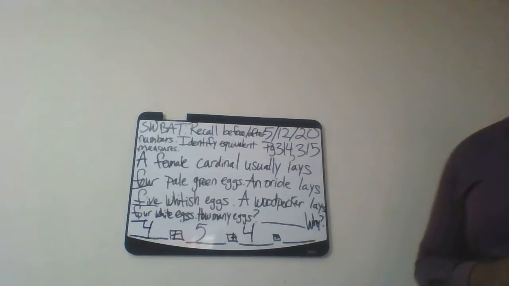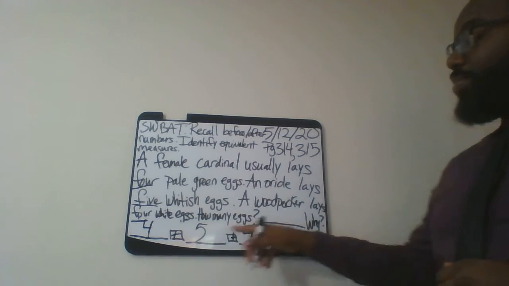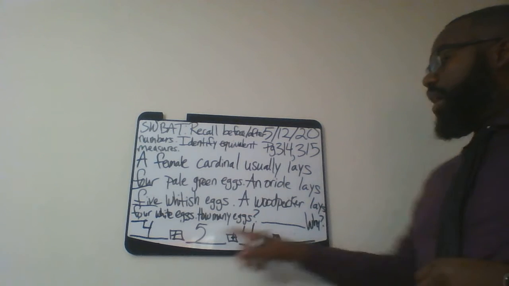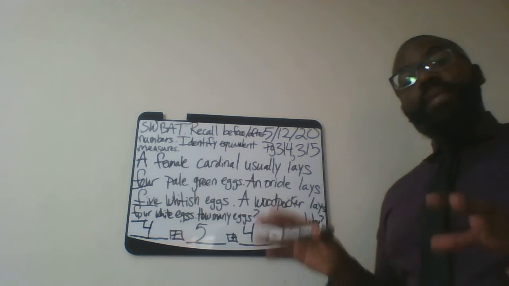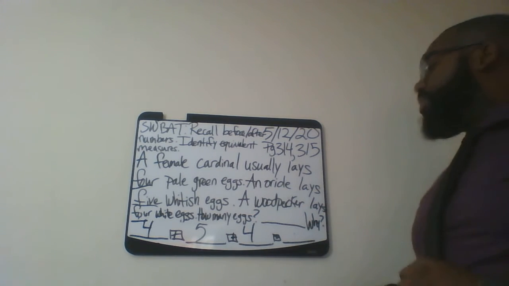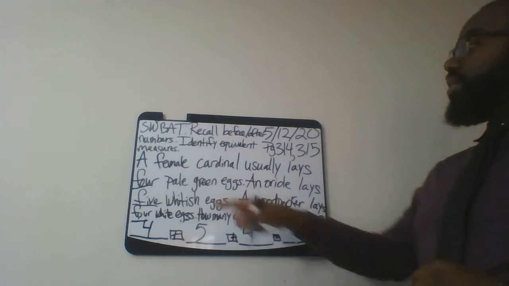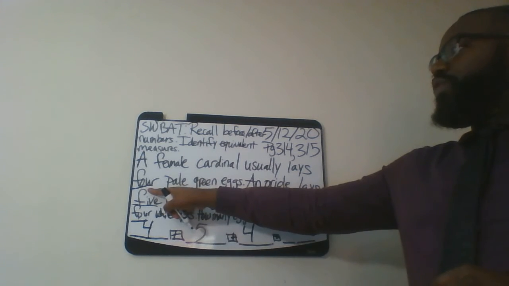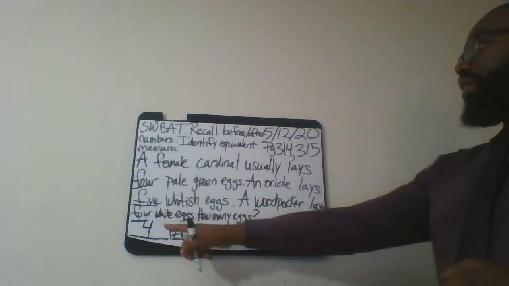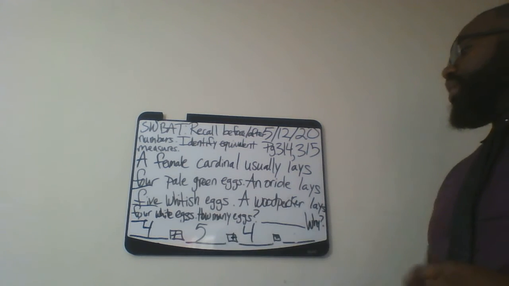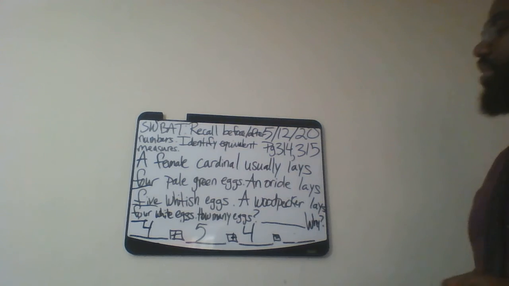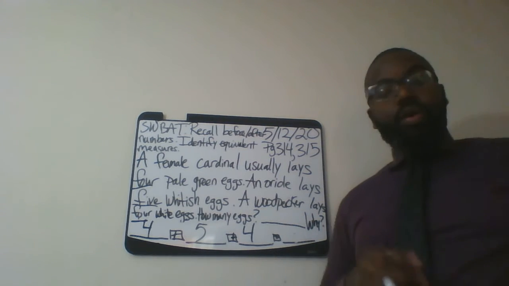So whatever the answer to 4 plus 5 plus 4 is, that will tell you how many eggs in all that these 3 birds laid. And of course, we put the answer here and there, okay? So remember again, 4 pale green eggs from the first bird, the second bird laid 5 eggs, and then the last bird laid 4.